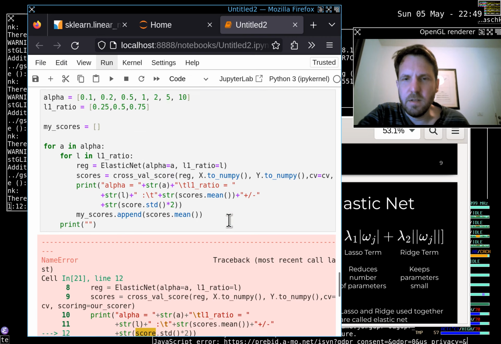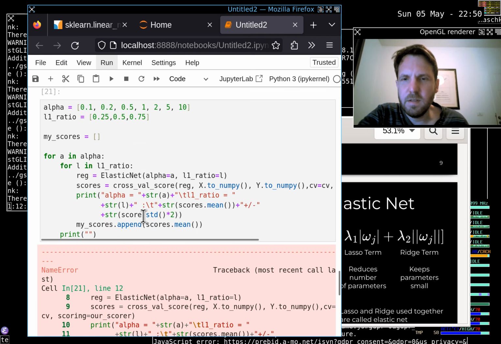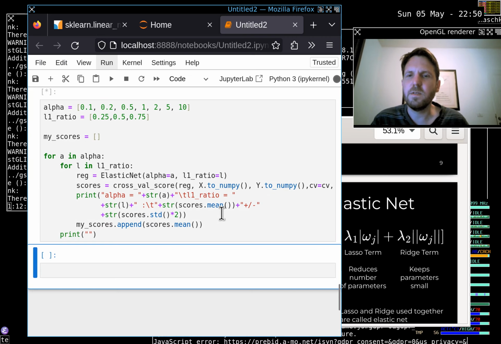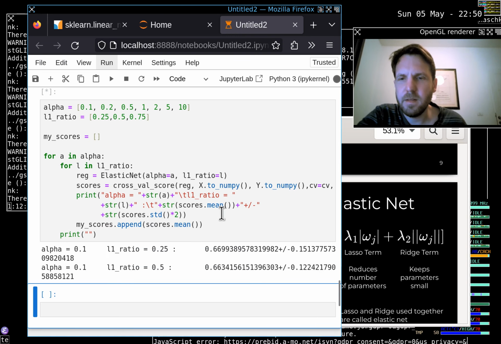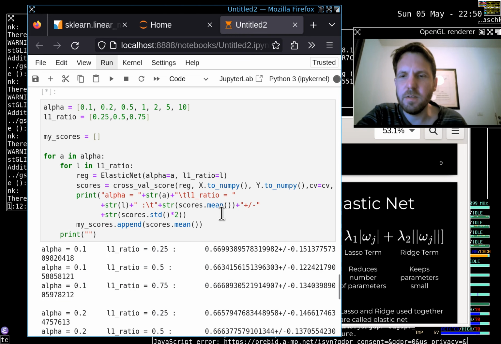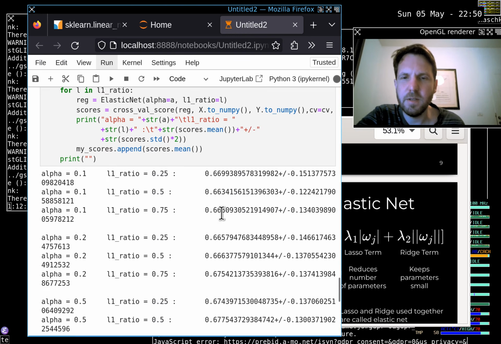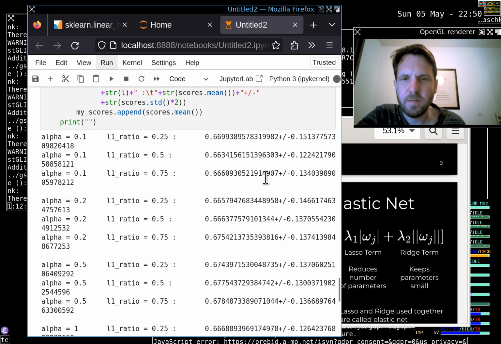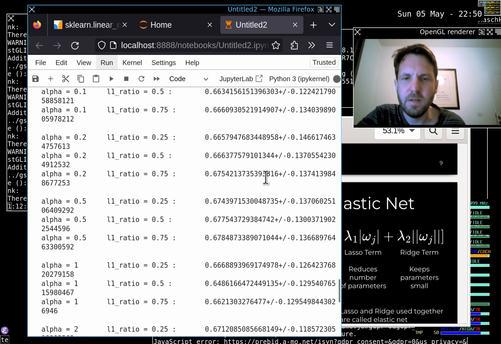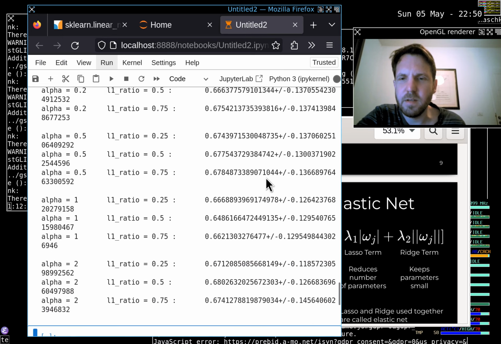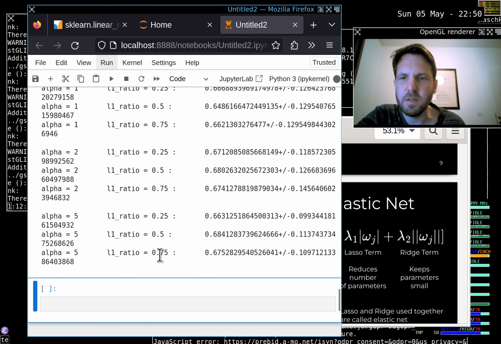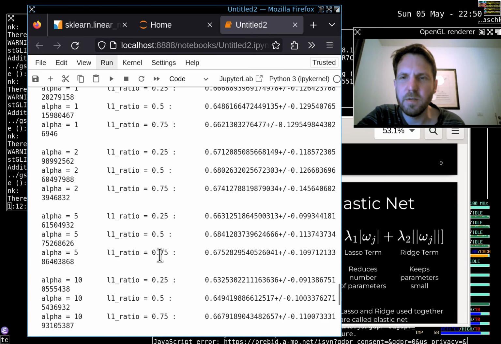And we have a spelling mistake because this here is scores, that's fine. And we get our values out, very nicely written here. And we see that this alpha and L1 ratio does not help a lot for this little system here.